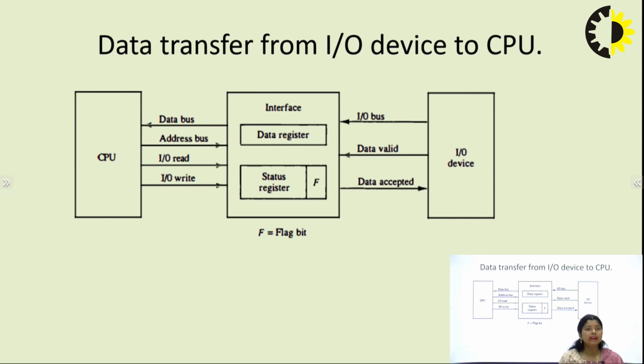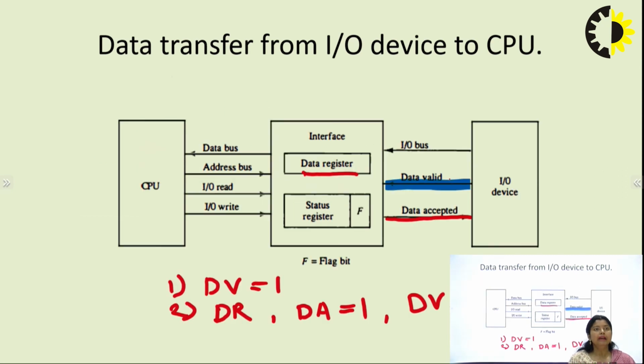Now, when the transfer is taking place, first the peripheral device has a data valid line. This data valid line, on the bus, shows that the device has some valid data to transfer to the memory. So the DV value is 1.